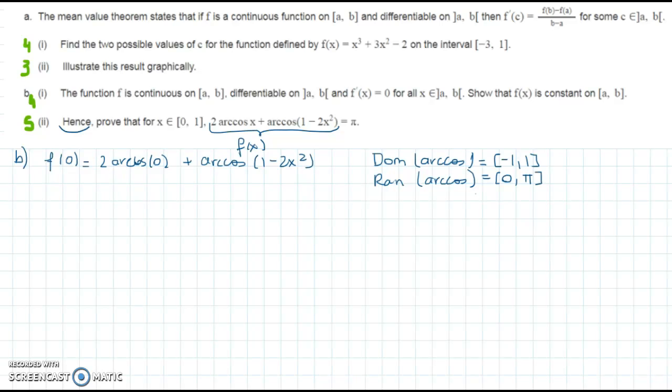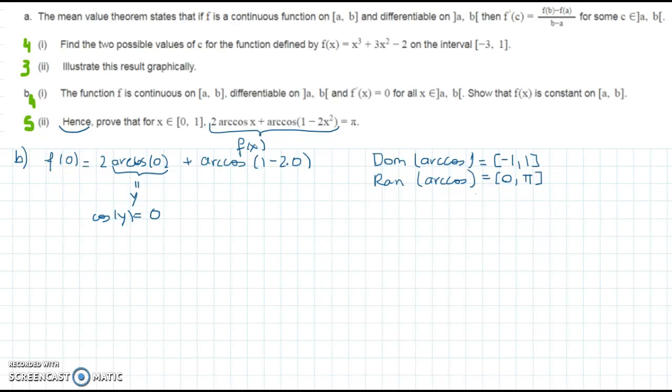Now, we need to check what this function is. Again, here I should have written 0, not x. Let me correct it here. So here we want to see in this part what is the value of arccosine of 0. This is going to be a value y with the property that when we apply the cosine function to y, the result is 0.